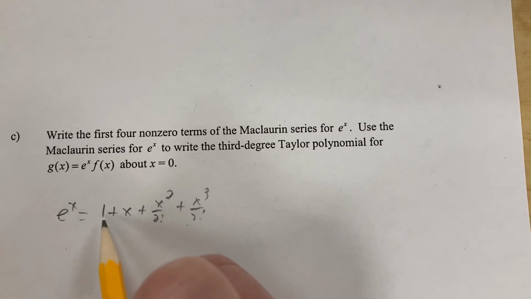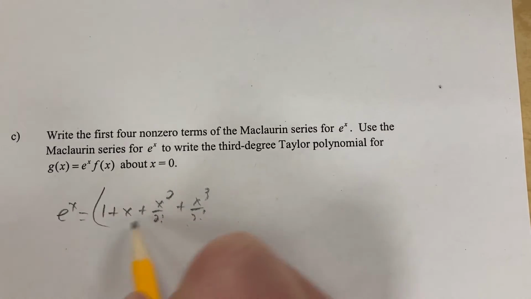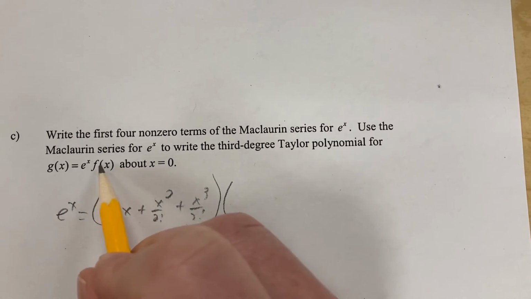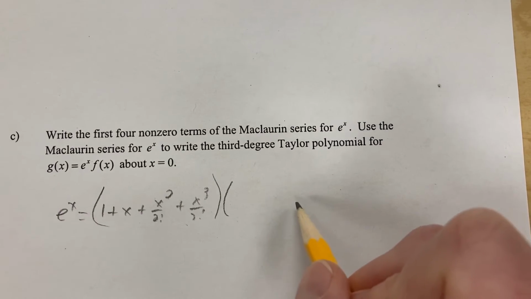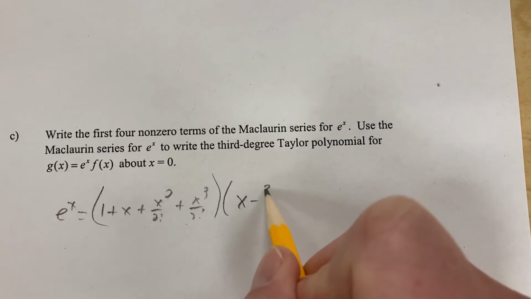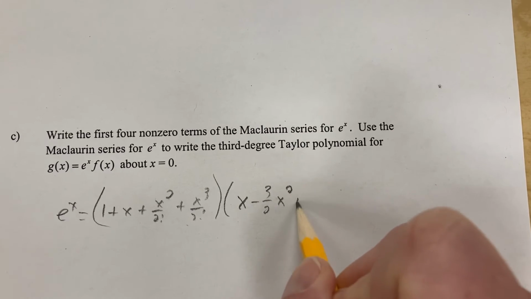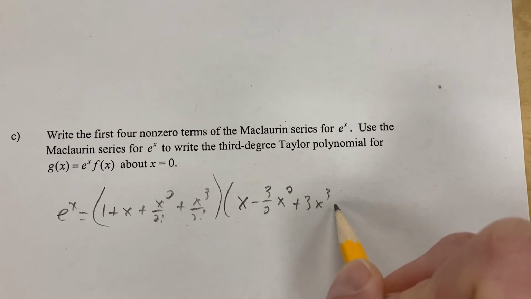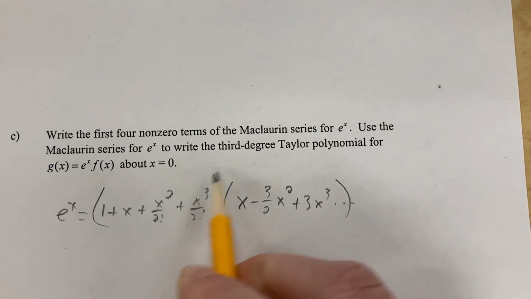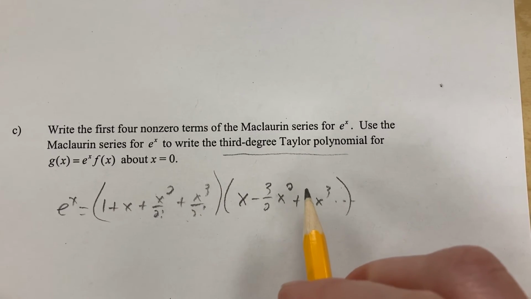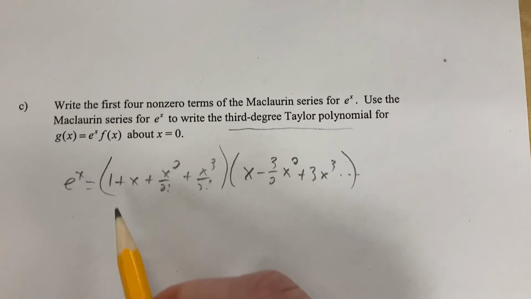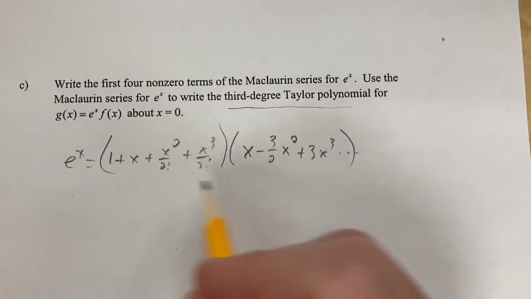Now, we're going to multiply it by f of x. And f of x was given to us previously as x minus 3/2 x squared plus 3x to the third, and then some other stuff. They only want the third degree Taylor, so we don't want to go past the power of 3. So we're just going to multiply and see what happens.